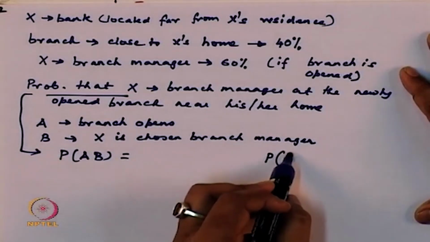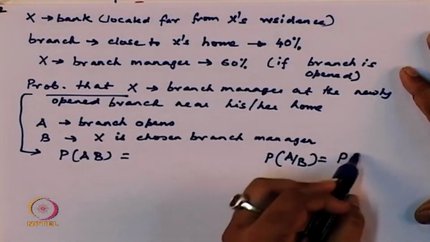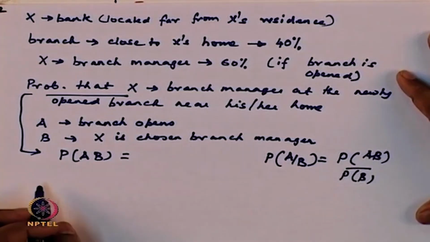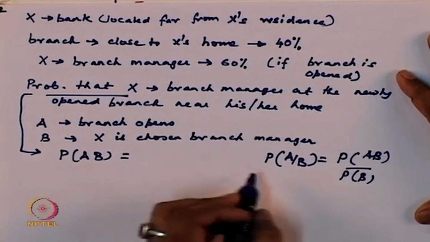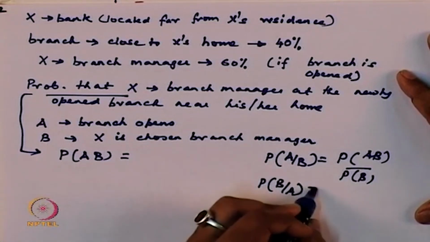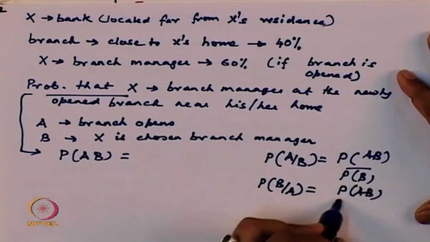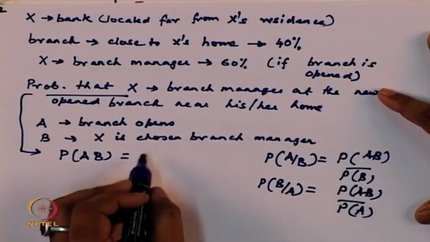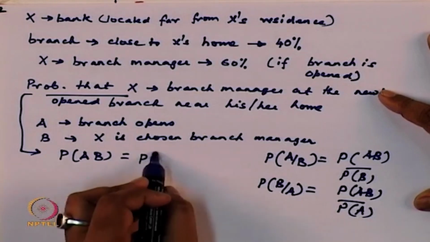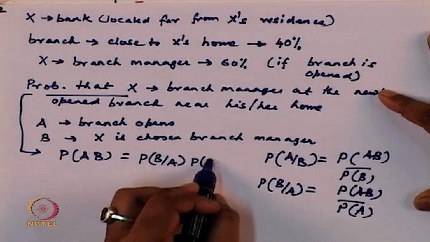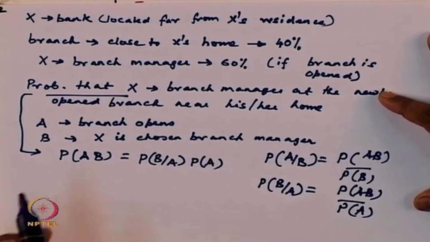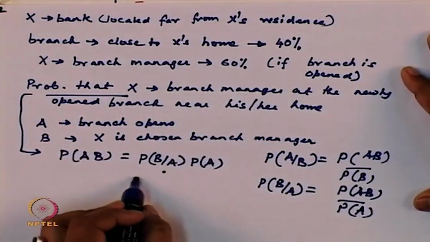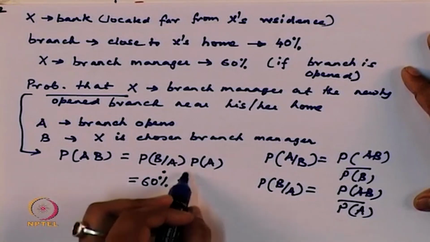I know probability of A given B is probability of AB by probability of B, or I can write probability of B given A is probability of AB by probability of A. From this expression I can write P(AB) is simply equal to P(B given A) into probability of A. This 60% is nothing but probability of B given A, which is equal to 60%, and probability of A is 40%.